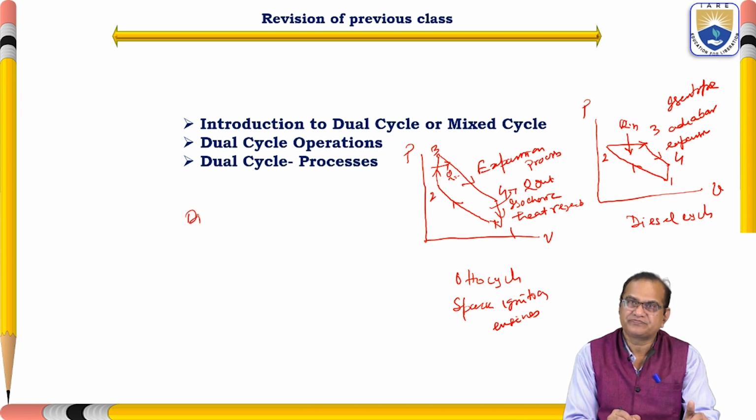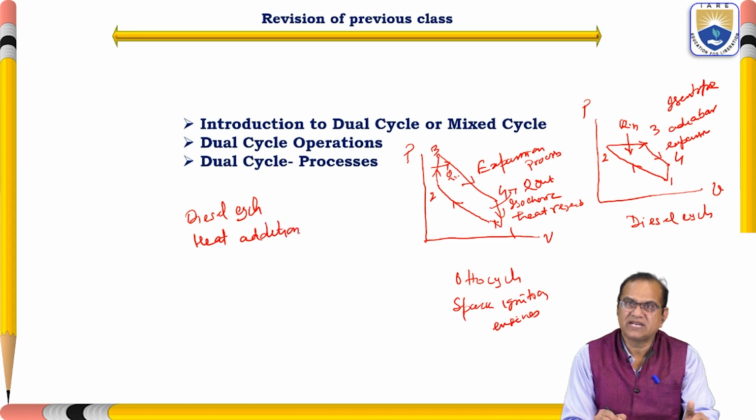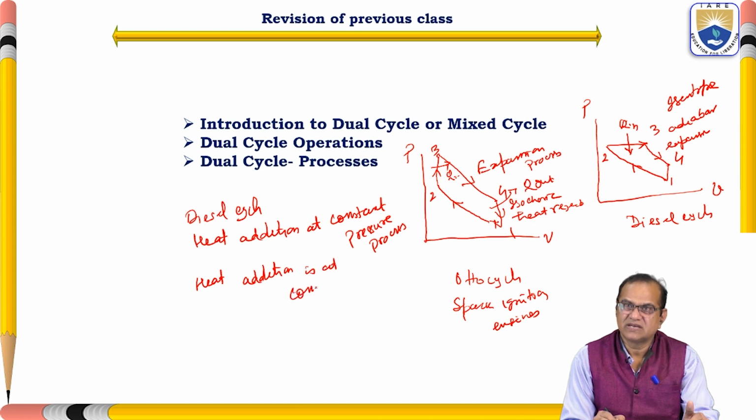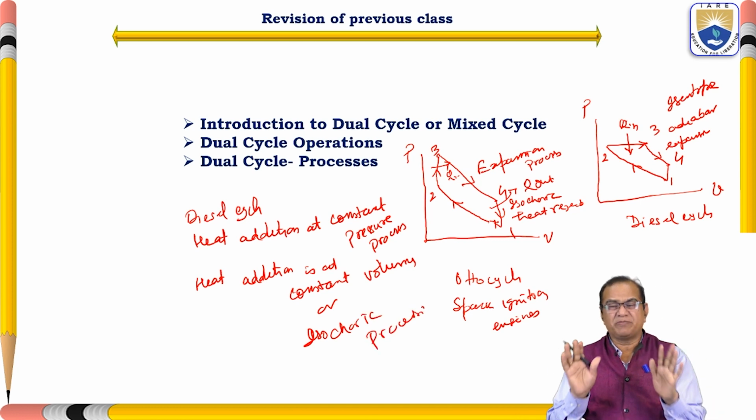In the diesel cycle, heat addition is at constant pressure process, and in the Otto cycle the heat addition is at constant volume or isochoric process. So this is the basic difference between them.